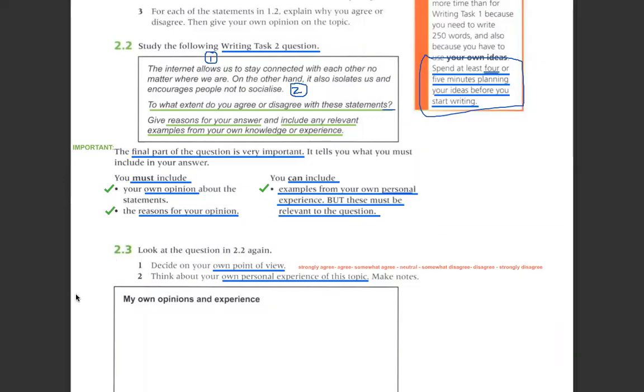Right, so we're gonna do a plan. I'm gonna spend 4 minutes planning this essay. The first thing you can do is structure your essay, right? So we know we need an introduction. We know we need our body 1 or body A, body 2, and our conclusion.